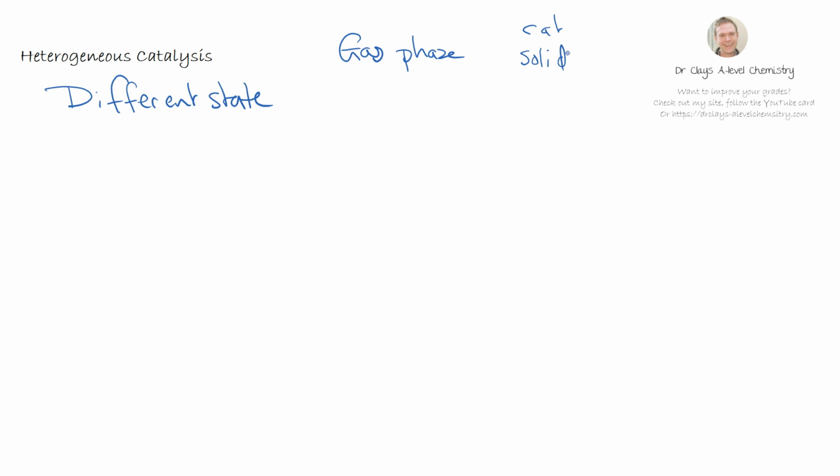The way this works is that you end up with the solid catalyst sitting in a reaction vessel, and then you'll have gas molecules, perhaps joined together somehow, coming down and then sticking to that surface. It's called physisorption. And then there'll be electron transfer, and then the molecules or atoms, once they've reacted, would then desorb from the surface.